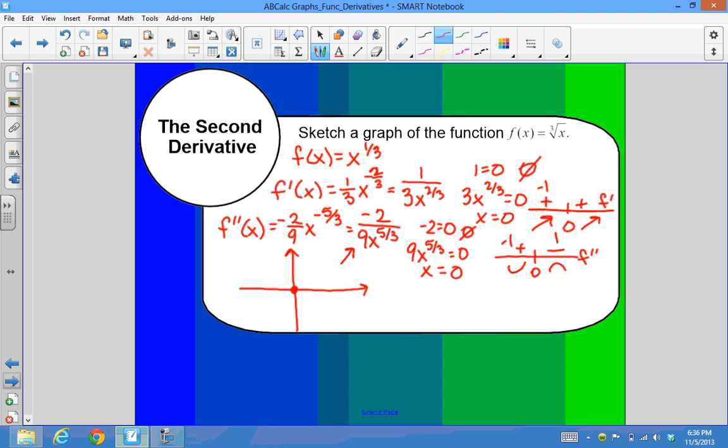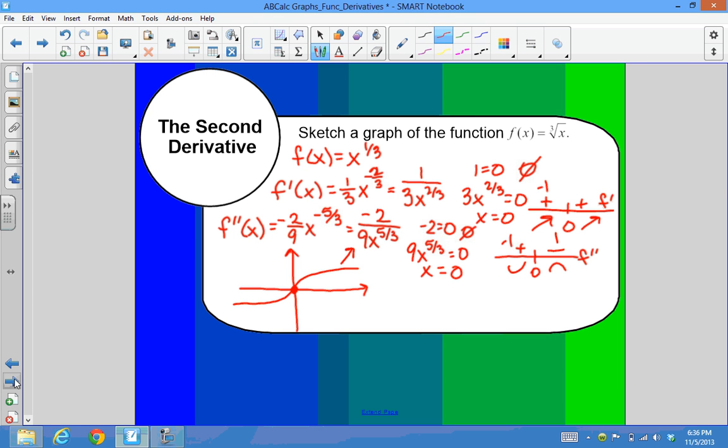It's got to be concave up on the left of it and concave down on the right. So I need to be coming in concave up like that, and I need to go out with it concave down. And so that's how that second derivative helps us shape that graph.